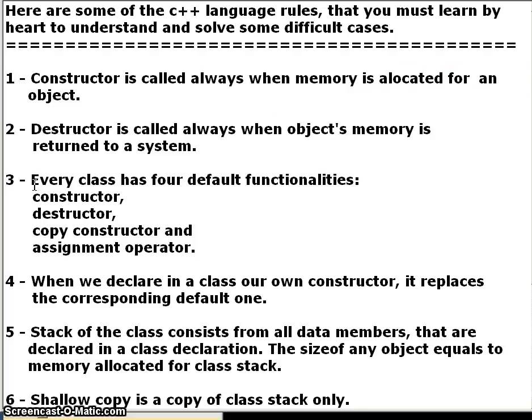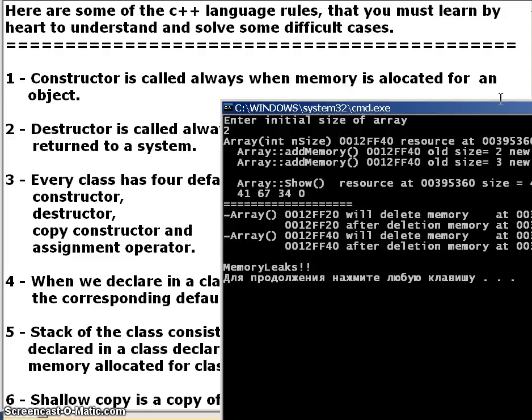Next rule. Every class has 4 default functions: constructor, destructor, copy constructor, and assignment operator. So, if in this case we see no constructor, that means that here the default copy constructor is called. Here.